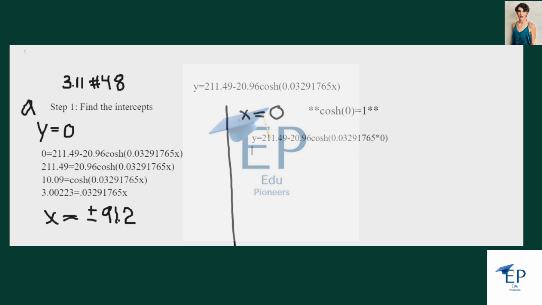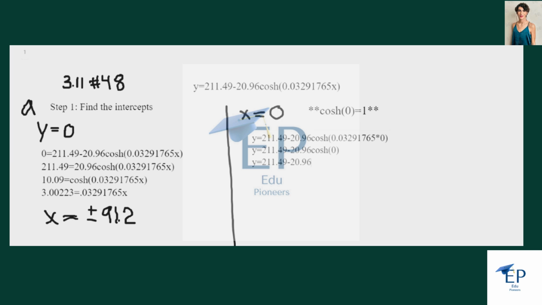So again, we're solving this. Let's come back down here. Minus 20.96 cosine hyperbolic of 0. A number times 0 is 0. And we know from our identity that the cosine hyperbolic of 0 is just 1. 20.96 times 1 is still 20.96.